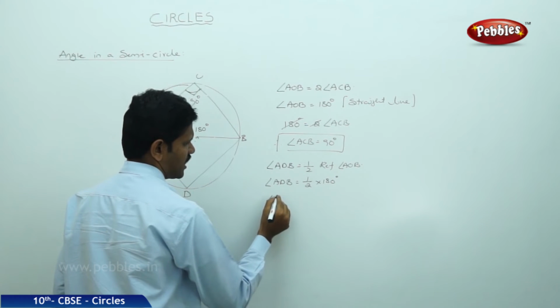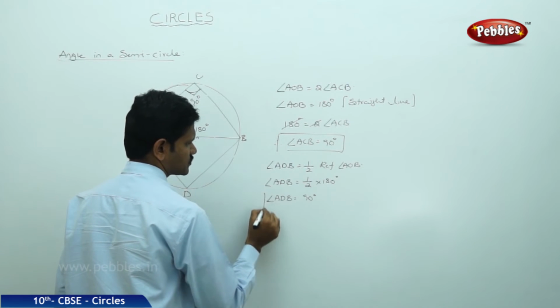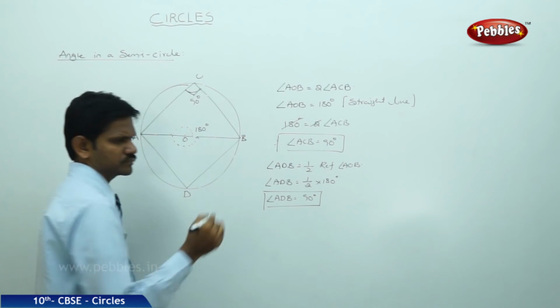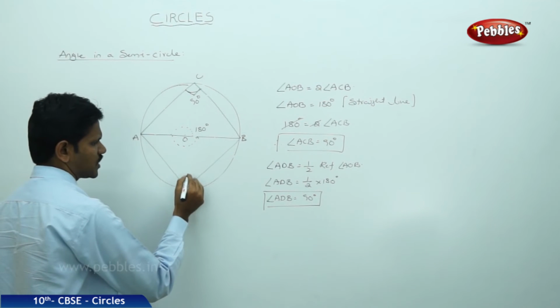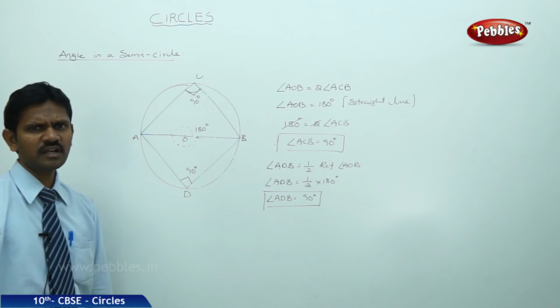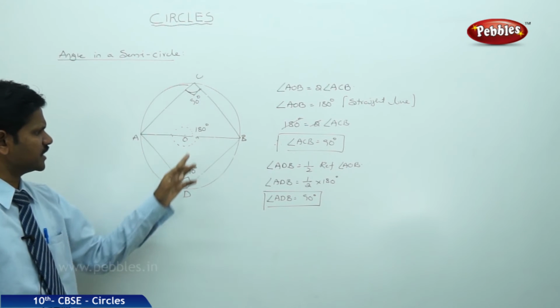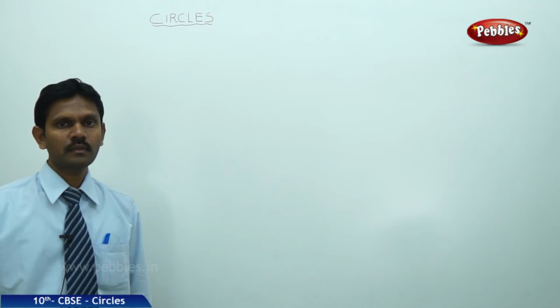That is, angle ADB is equal to 90 degrees. Here also the angle is 90. From our previous knowledge, opposite angles of a cyclic quadrilateral add up to 180 degrees. Therefore, 90 degrees plus 90 degrees is equal to 180 degrees.